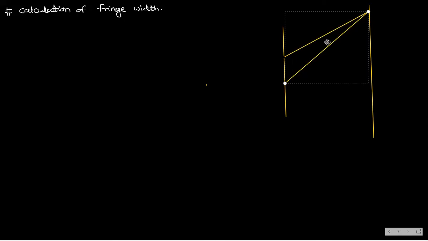Now this is point C, and this one is point P as usual. Now I'm taking one more line from here, also one more line from here, like this, with dotted lines.